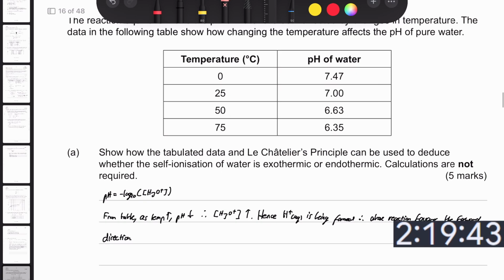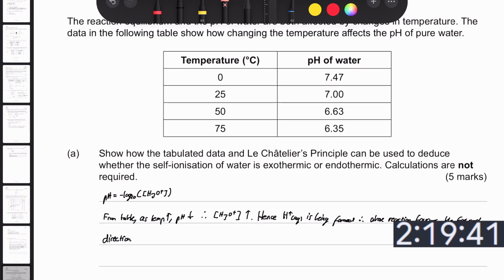Wait. No, yes, okay. pH does decrease. I thought for a second I was reading this backwards.